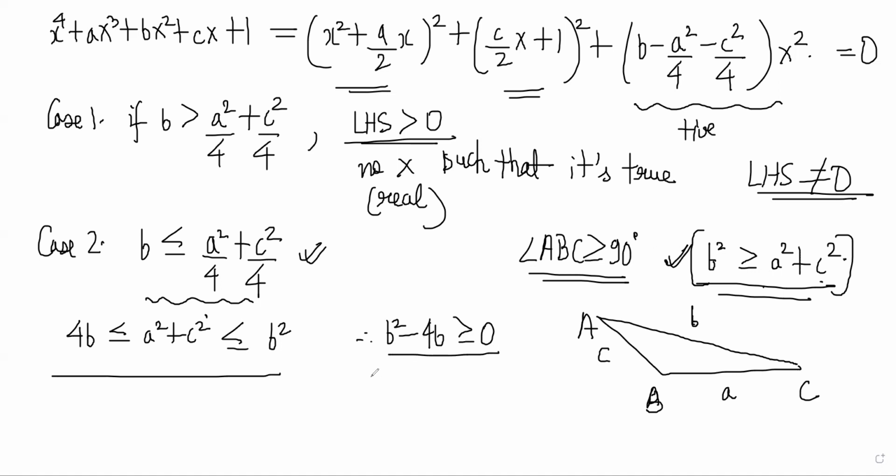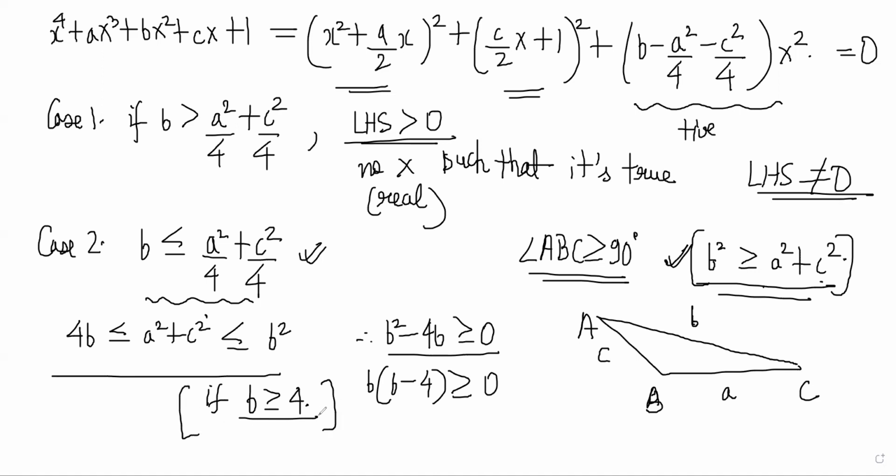This relationship is true for positive values of b if b is greater than or equal to 4, right? So b must be greater than or equal to 4 for the situation to work.